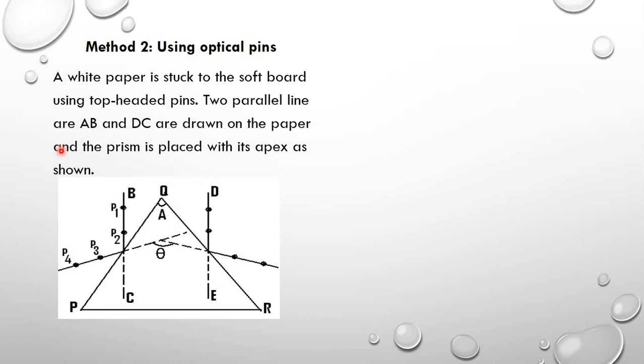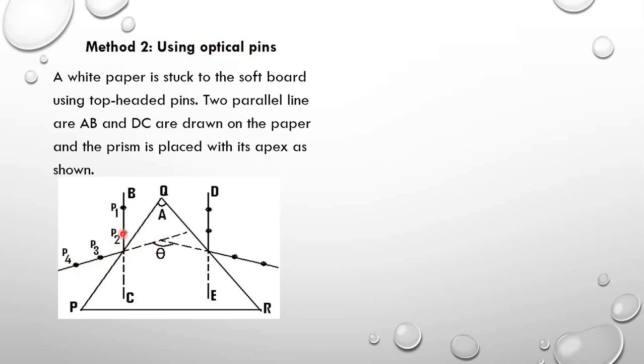So we're going to press the prism such that the refracting angle is facing that side. Then after that, we are going to place 2 pins P1 and P2 on this line BC, and then we shall look through this side QP and place pins P3 and P4 such that they appear to be in line with the image of P1 and P2.